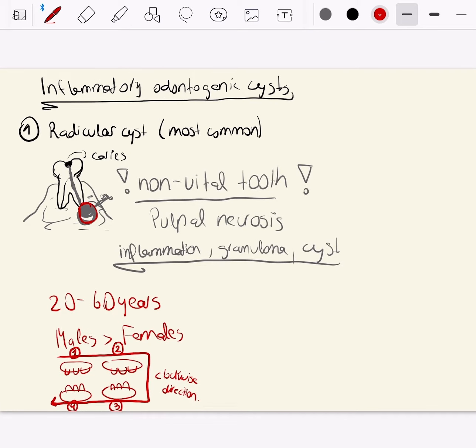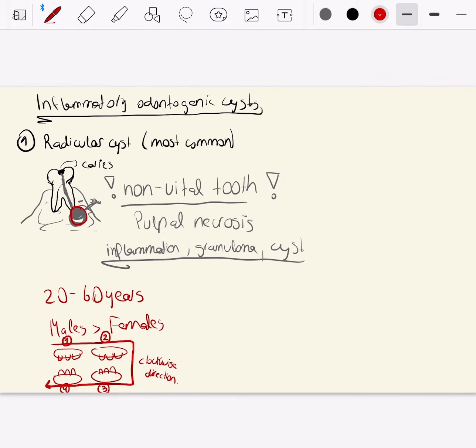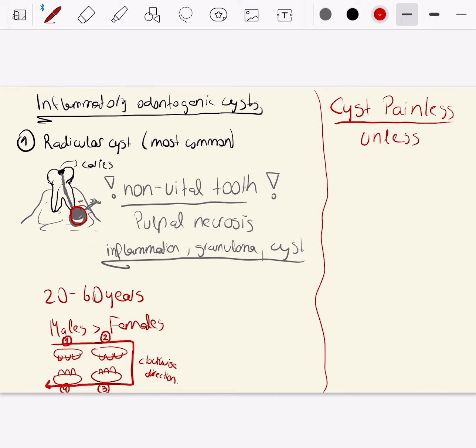This is also very important to know. I can just make a line here: the cyst is actually painless. The cyst is painless unless it is infected, then we have pain, or unless it is enlarged, then we also have pain, because it puts pressure on the nerve.